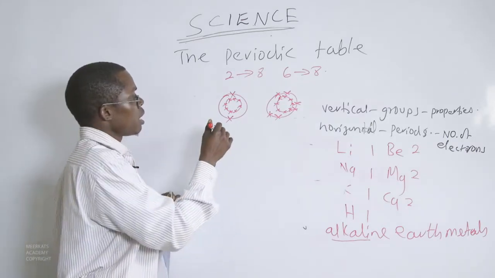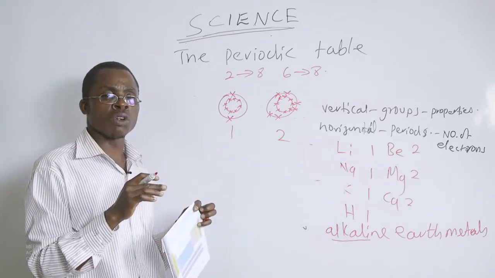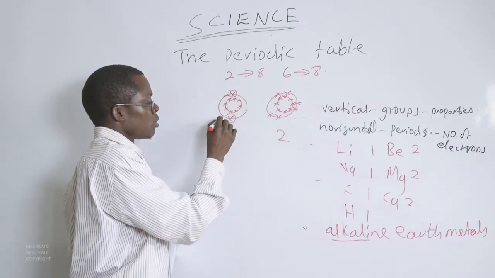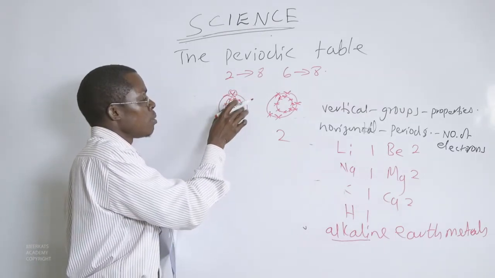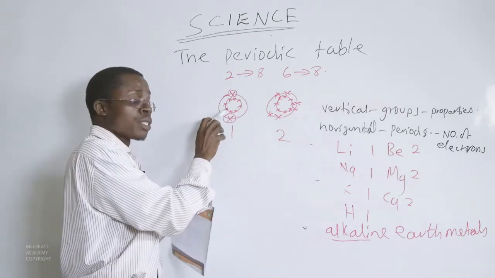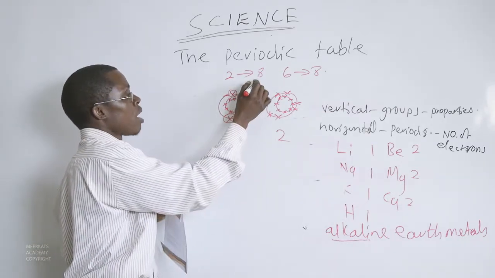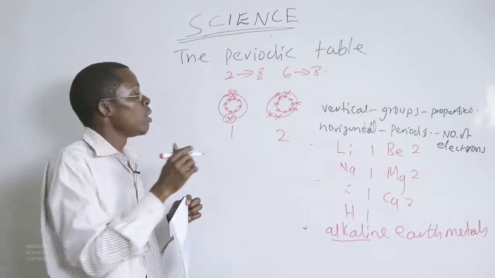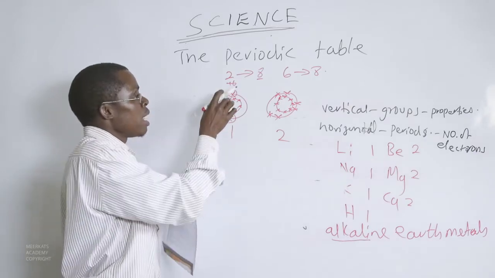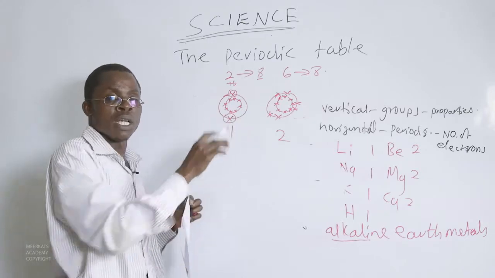Now, in our first case, case 1 and case 2, which one will be the shortest route? Is it to lose these two so that you can remain with the innermost as the outermost, and being the outermost, it will now be having 8, or gain 6 so that the outermost will now have 8.